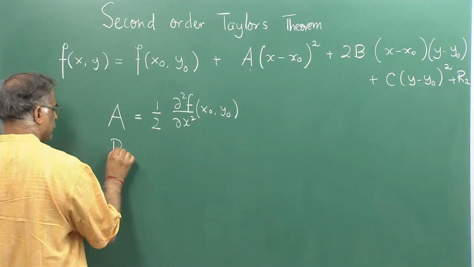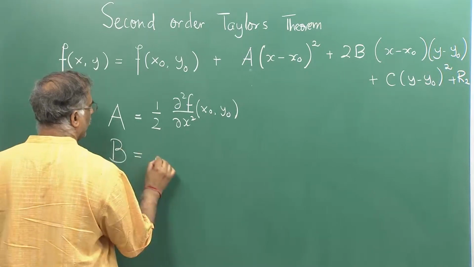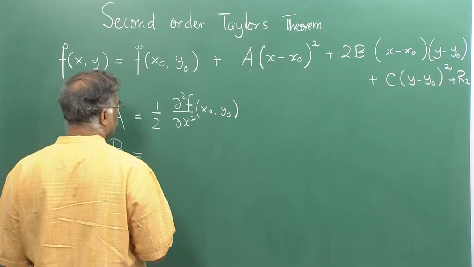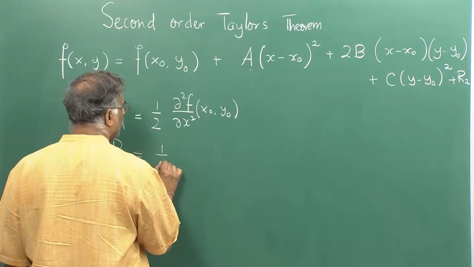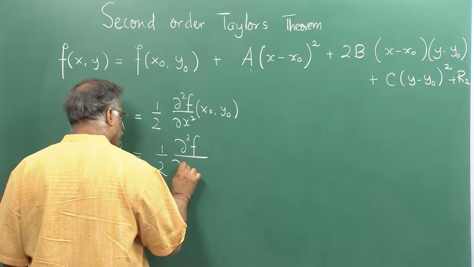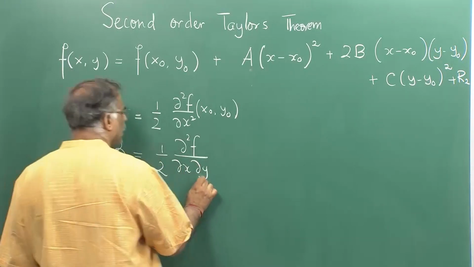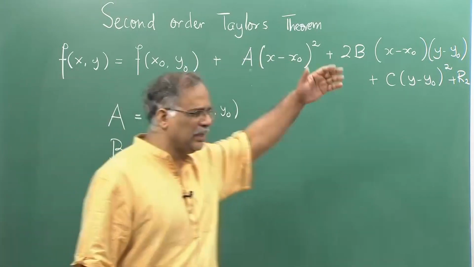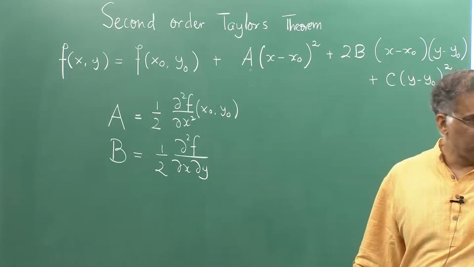B is half of del 2f, the mixed partial derivatives, and we are assuming that everything is continuous and nice, because unless we assume this, Taylor's expansion is not really possible.